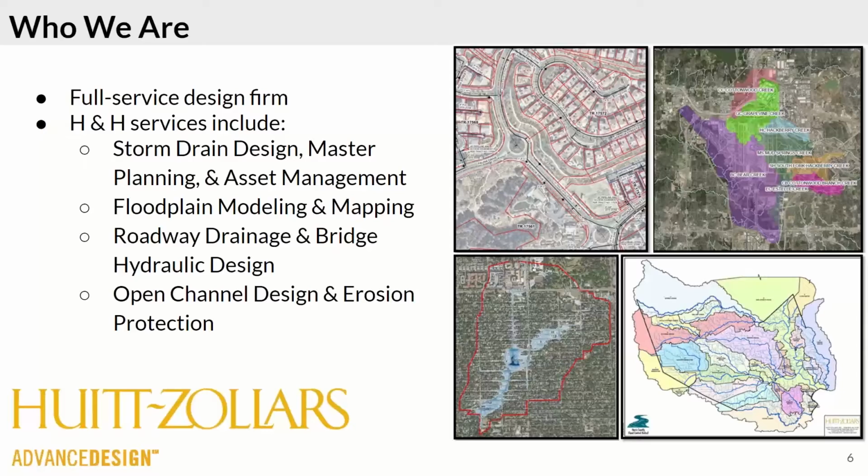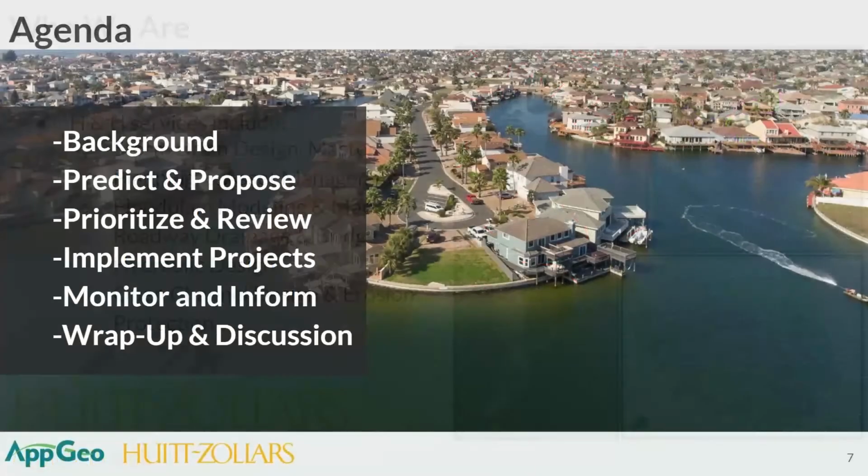So with that, let's jump right into looking at the agenda for today. We are going to begin with a brief background, and then we're going to discuss the next four bullets in the agenda. Cover four major sub-processes that we see within the architecture of the entire regional flood planning process.